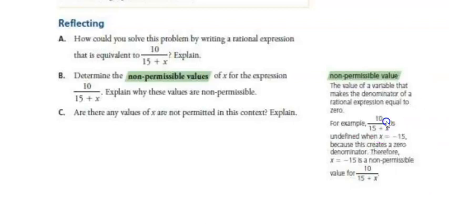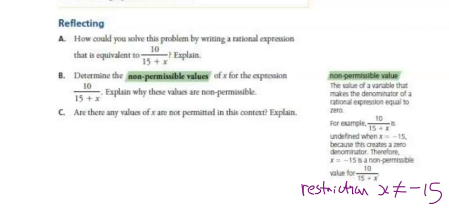99.97% of the time, we do not state it as a non-permissible value. We state it as what's called a restriction. And the restriction here, so the restriction is, what can't you put in? So for non-permissible value, we say x equals negative 15. The restriction is x cannot equal negative 15.